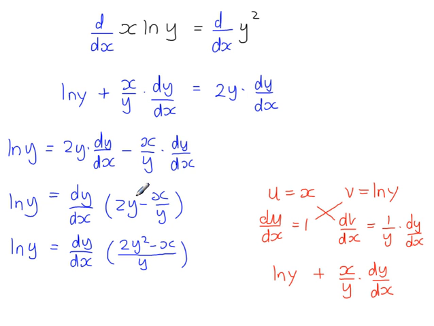And then writing these two terms as a single fraction. And then finally, dy by dx is equal to y ln y over 2y squared minus x.